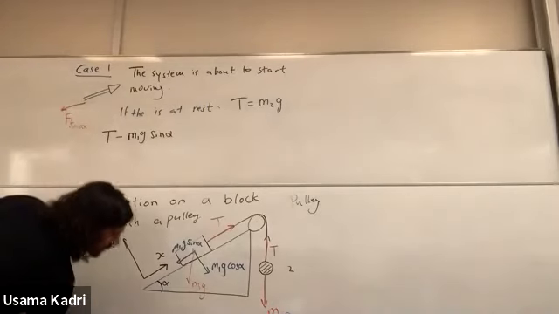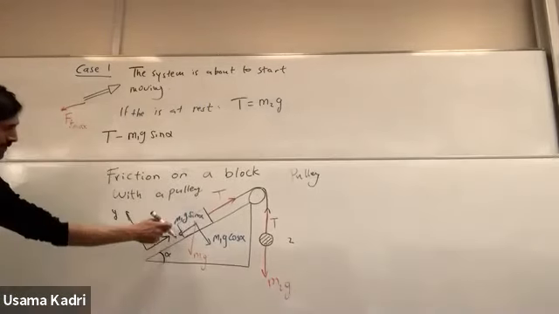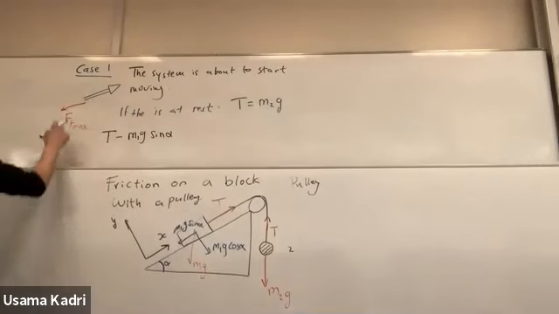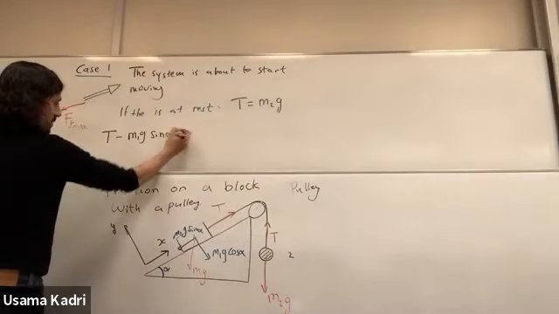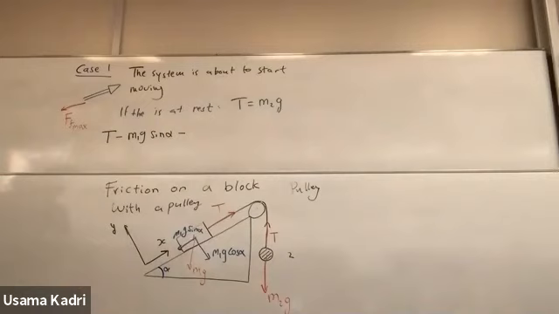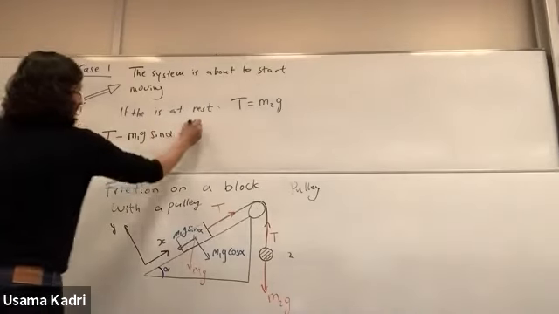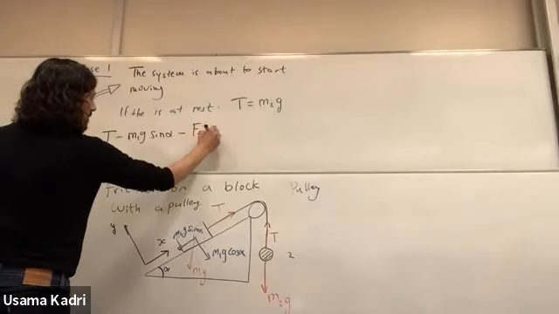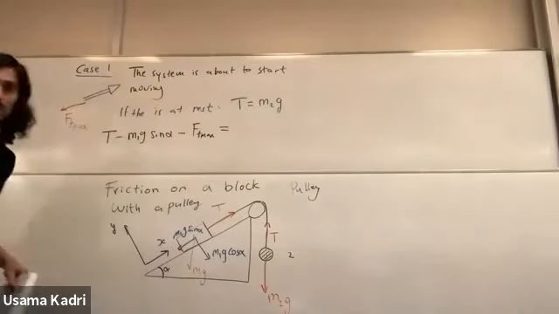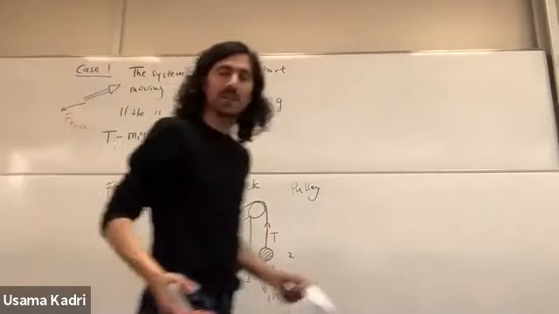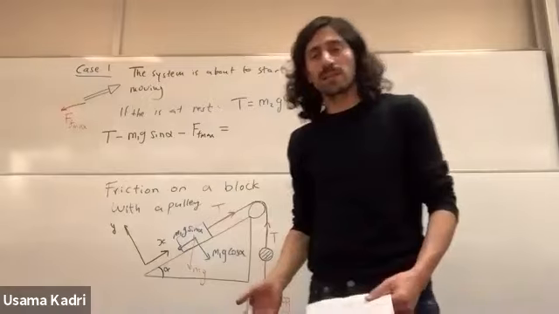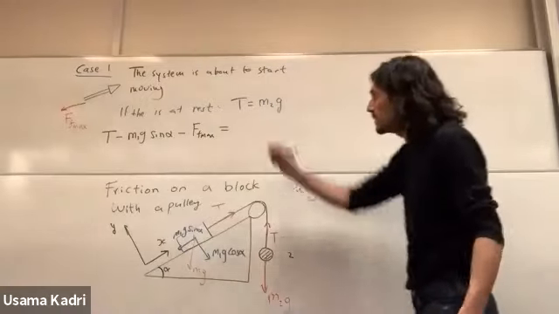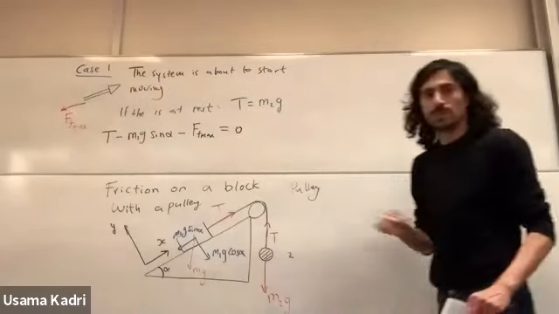Don't forget the friction force. The friction force is in the minus direction, right? It's in this direction. So it's minus FF max, equals ma. But as I said, it is not moving yet, so there is no acceleration in the system. So this is 0.